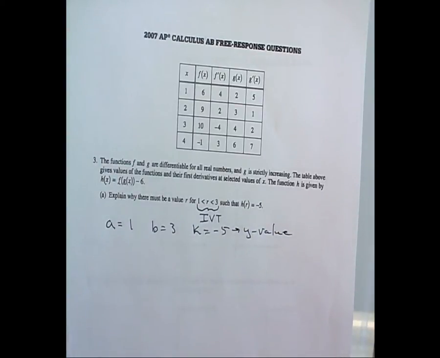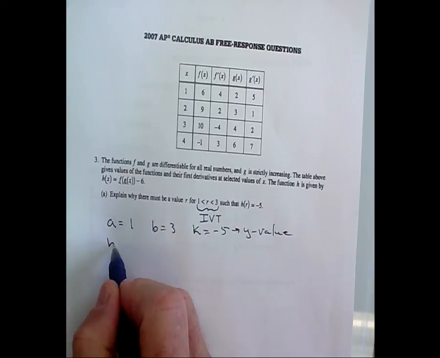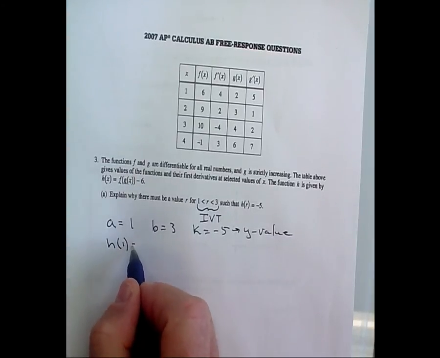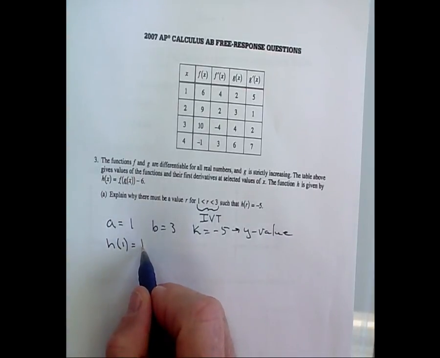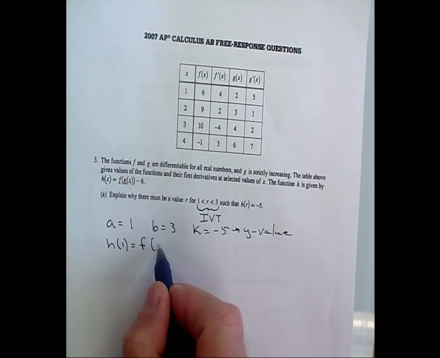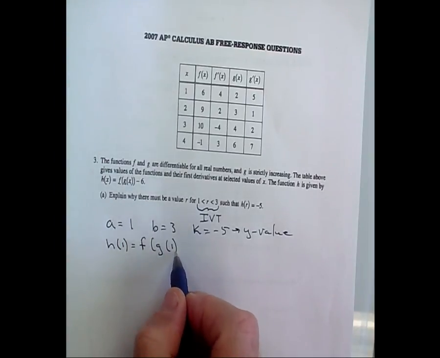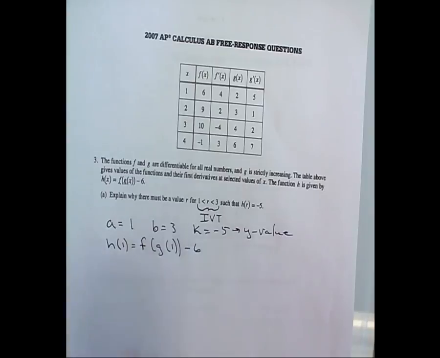So my next step is to get 2 y values, correct? I need to figure out what h of 1 is. Well, h of 1 is going to be f of g of 1 minus 6.